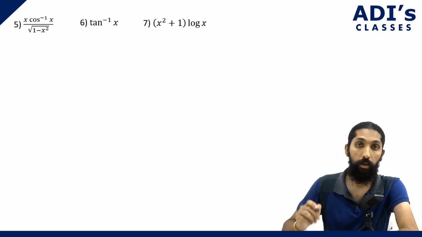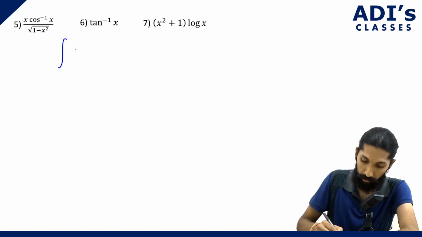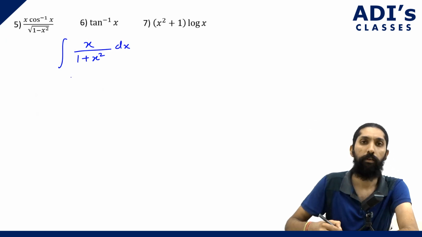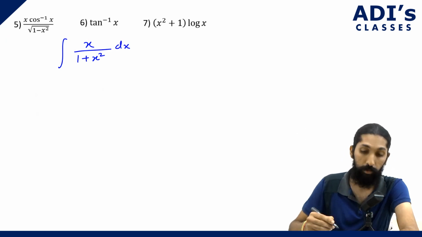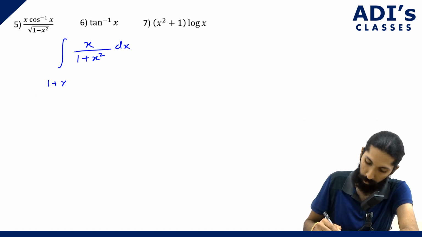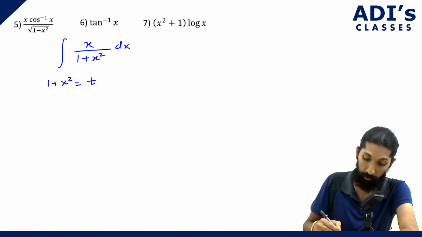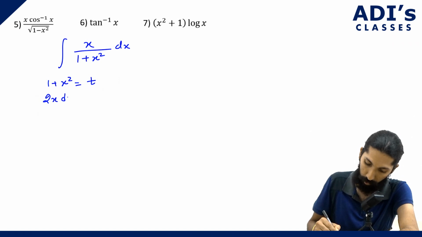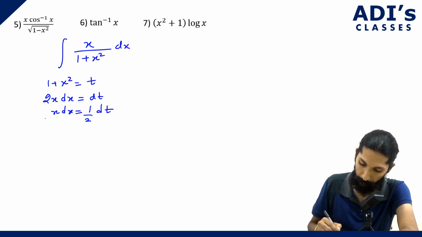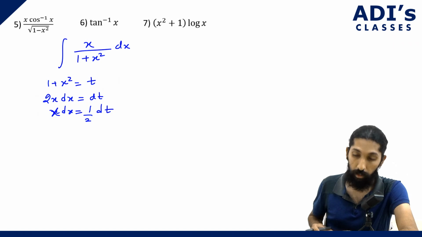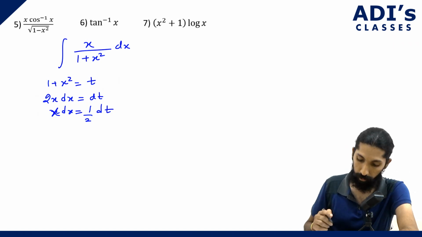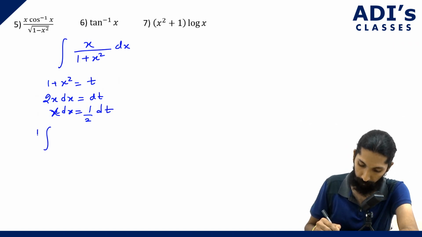Now, we need to integrate x divided by 1 plus x square dx. Very easy substitution. So we have 1 plus x square as t, then 2x dx is equal to dt. So x dx is equal to half dt. So when you have half dt, what are we going to get? Integral of half dt divided by t.